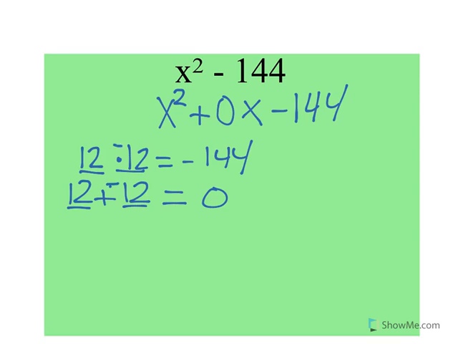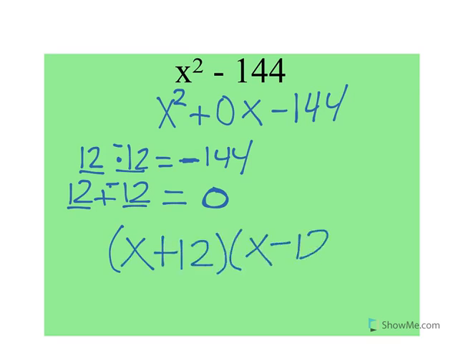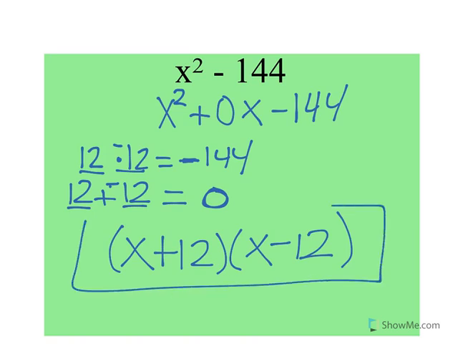That makes sense now. 12 times negative 12 is negative 144. 12 plus negative 12 is 0. So our two factors are x plus 12 and x minus 12. We will learn a shortcut coming up in a few more lessons, but for right now, I would like you to visualize the 0x in the middle.